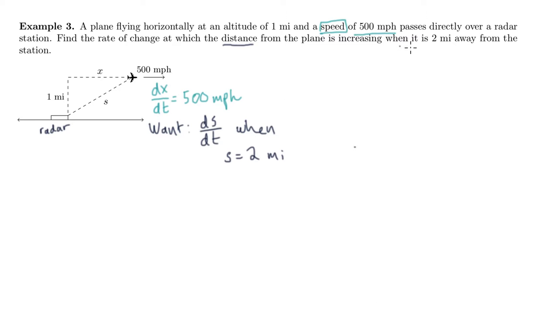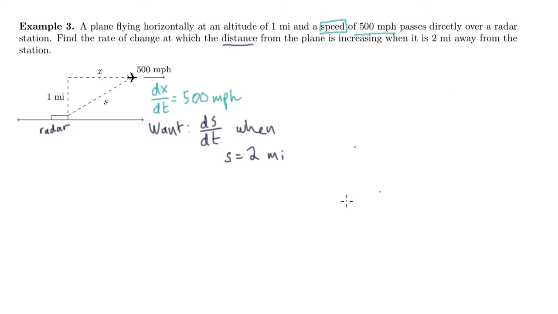Right? Because the plane is 2 miles away from the station. Okay, so there we go. Everything's all set up. Now it's just a matter of relating what we know and what we want to know. We know information about the rate of change of x, and we want to know information about the rate of change of s. So we need to relate x and s.